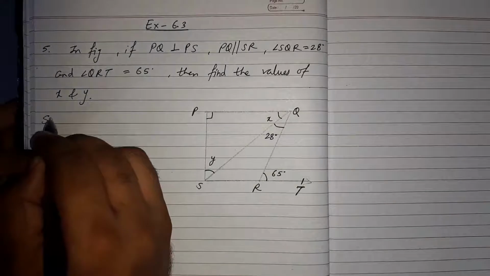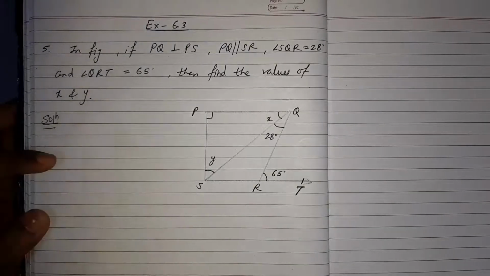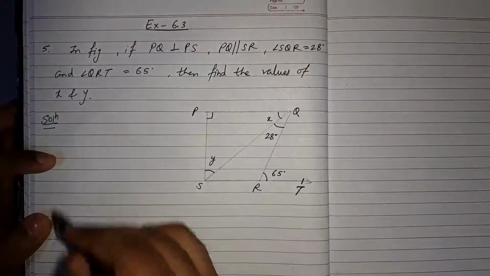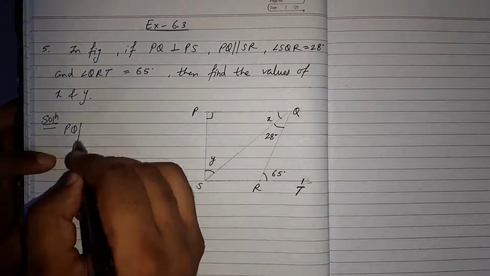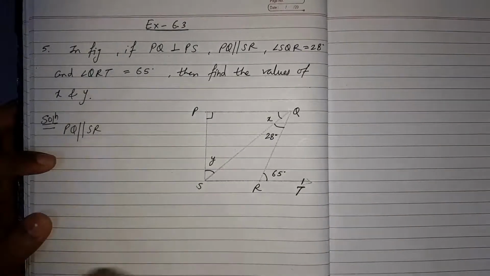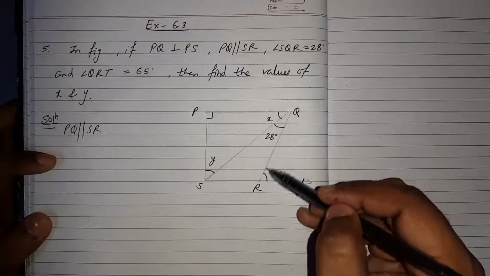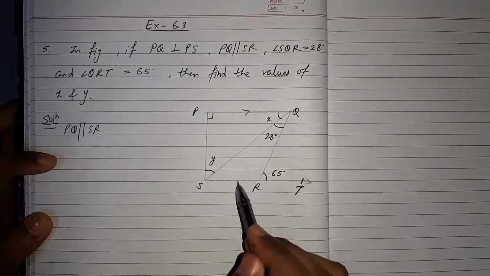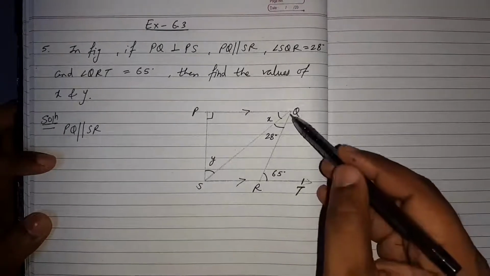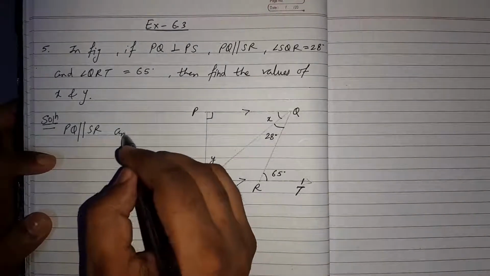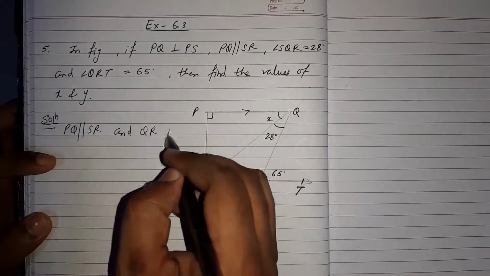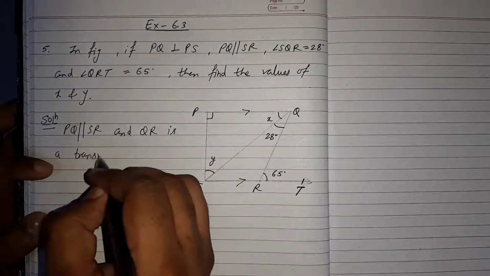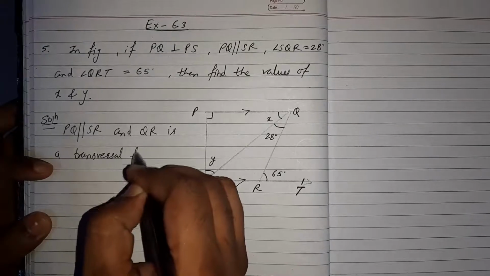Okay, the solution is: it is given PQ is parallel to SR, and QR is a transversal line.